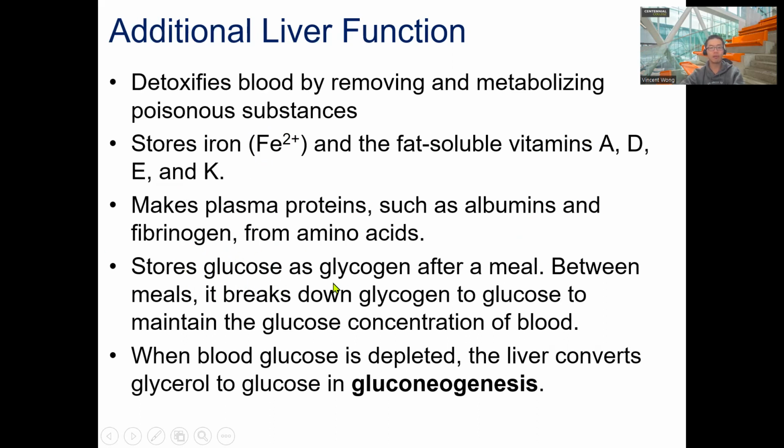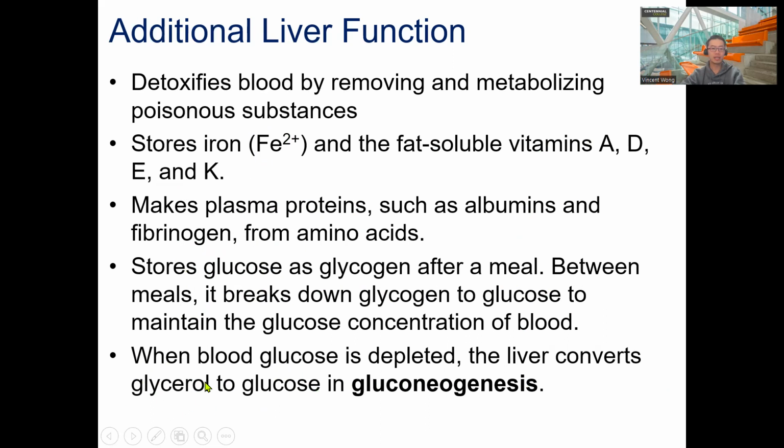We store it in the form of glycogen. Okay, we also store glycogen in muscles, right? And in between meals, it will break down the glycogen back into glucose to help maintain glucose level in the blood. When blood glucose is really, really low, such as when a person is fasting, then the liver will convert glycerol into glucose.